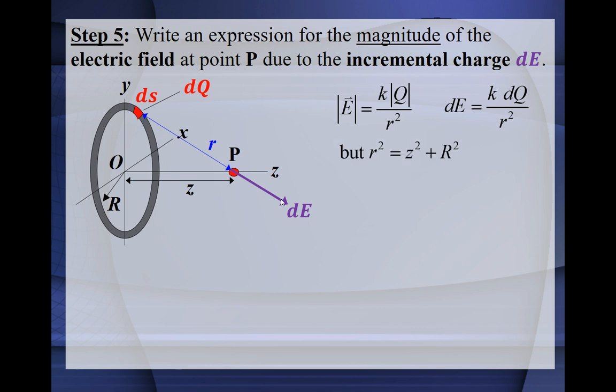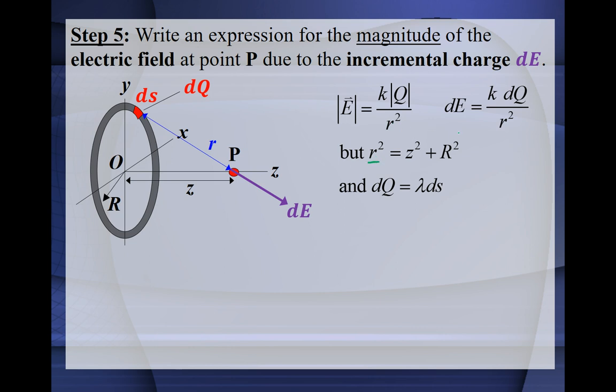But from the previous page, we identified that little r squared is equal to z squared plus capital R squared. And dQ, from the slide before that, is equal to lambda times ds. So we're going to plug both of these equations into the above one.